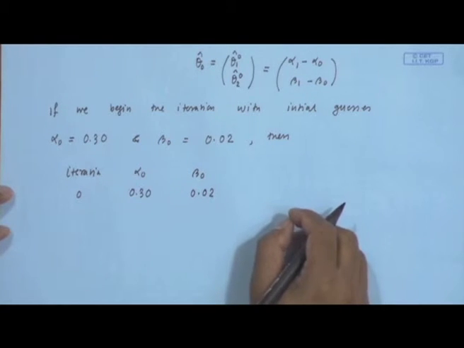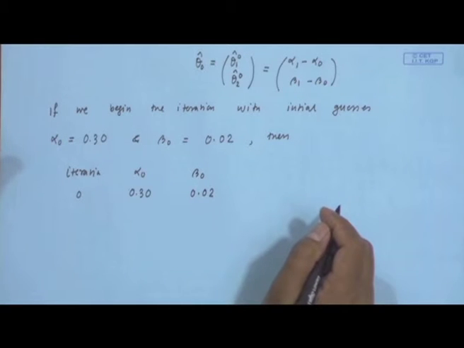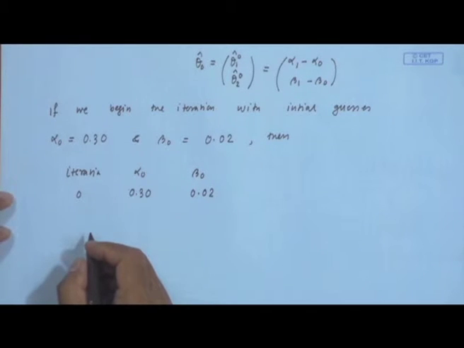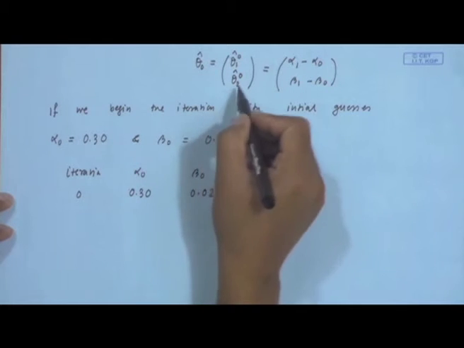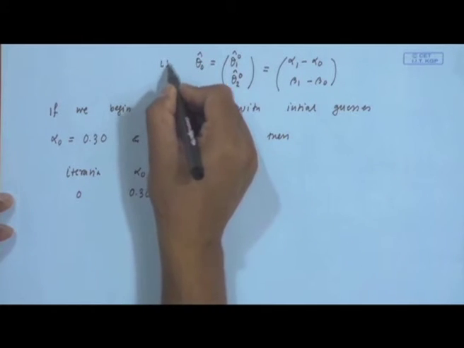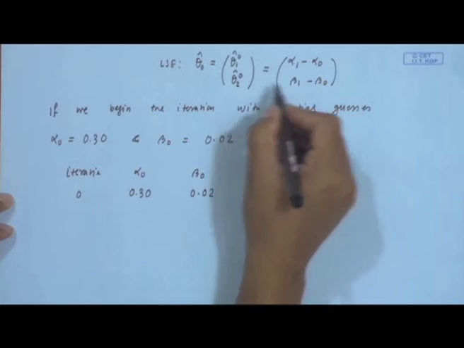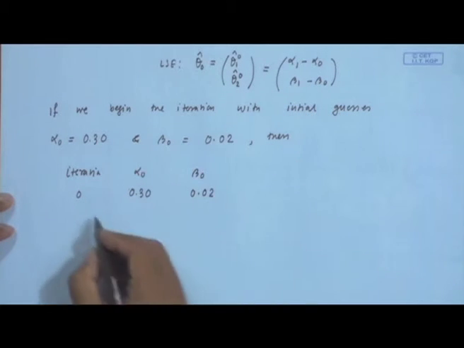So, once we have the linear approximation of the function using the Taylor series, then we use the least square technique to estimate the parameters. So, this is how we got the least square estimation of the parameters theta.